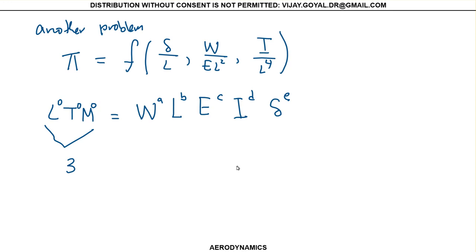So what this is really telling you is, at the end of the day, you're able to do only 2 equations. So if I got 5 here, and I can only get 2 equations, then 5 minus 2 will give me 3.